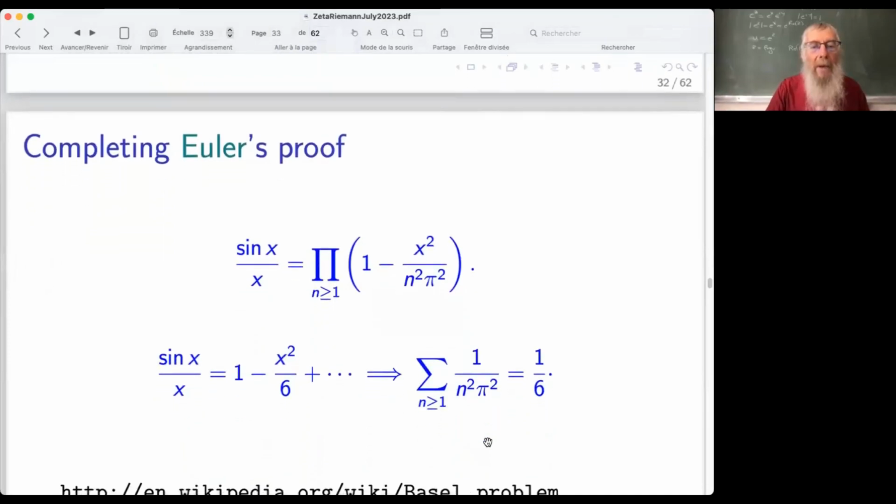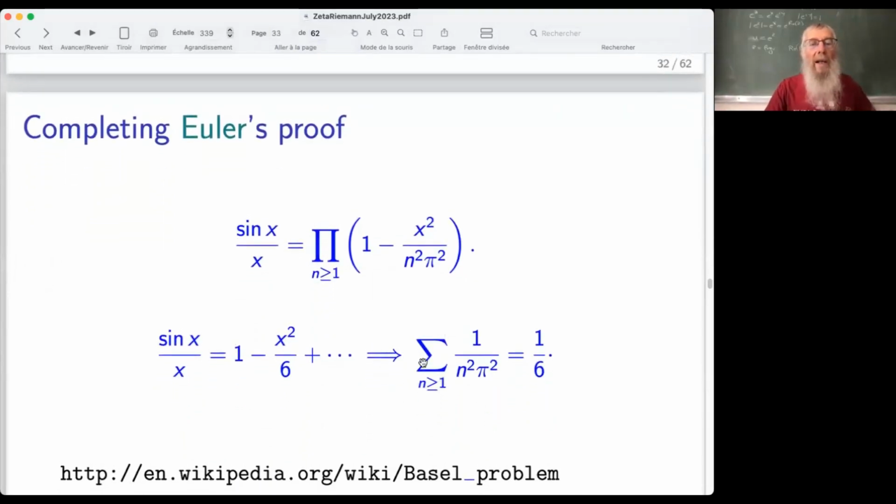To fix this problem, one way is to write sin x over x, which occurred before, as an infinite product, and to prove that when you have this infinite product, the two members have the same zeros, but there is no exponential here. So it's really sin x over x is the product of 1 minus x squared over n squared pi squared.